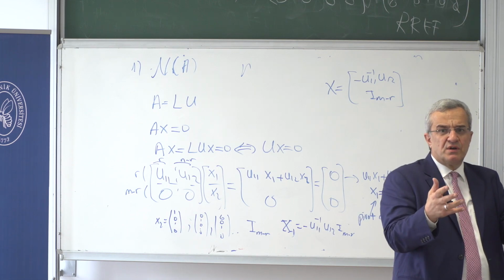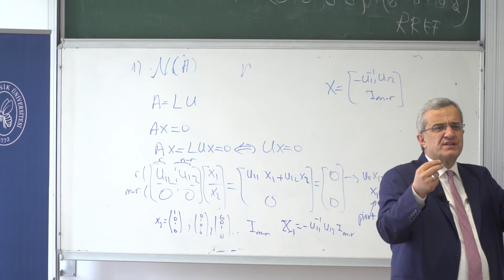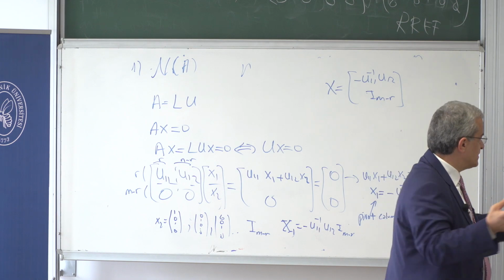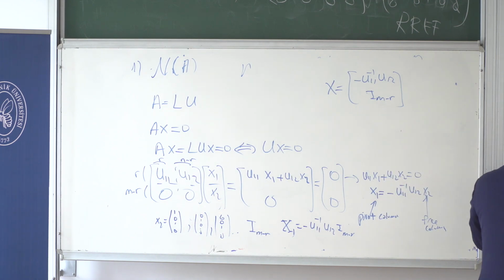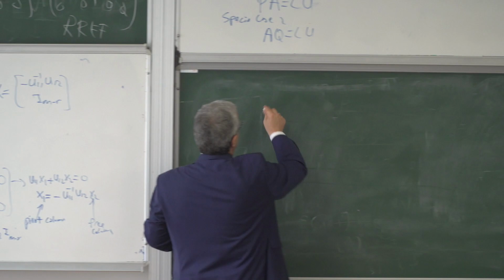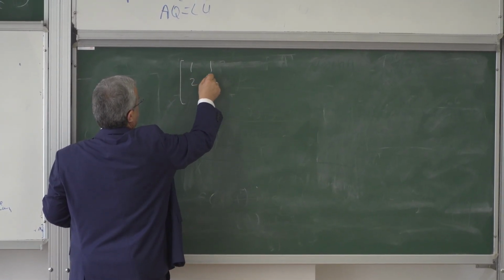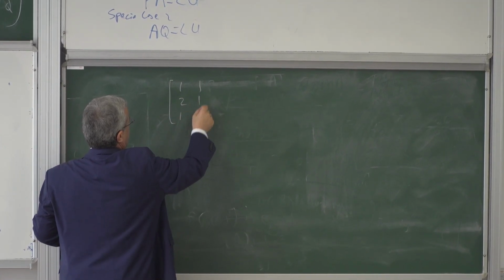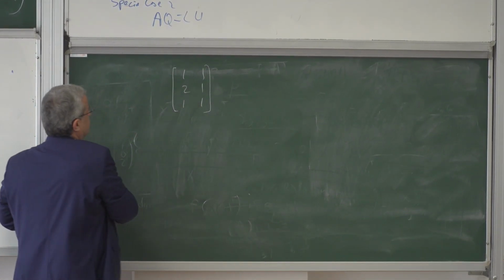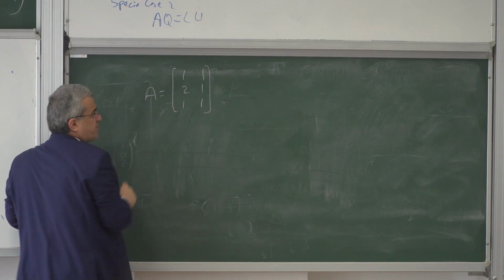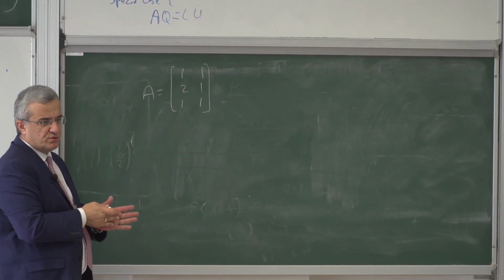That's why we had that conversation there. So what are you doing here? What does LU decomposition mean? Let's just clarify that first. Let's say I have, okay, this is my matrix A. Let's perform LU decomposition on this one.